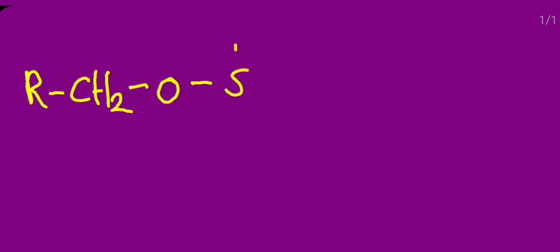We can write it as RCH2. Before using the base, we get the substrate like this. Now we know that when this kind of substrate is present, we do the further action of the base. But what if the base is not present?